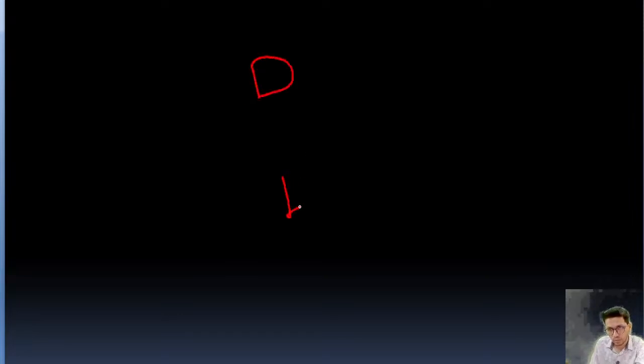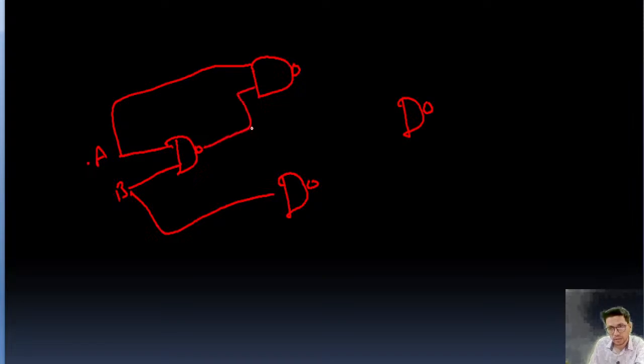These are 4 NAND gates, like this and like this. So these are NAND gates. This is A, and this is B. We'll take this here, and then this is going to be here.